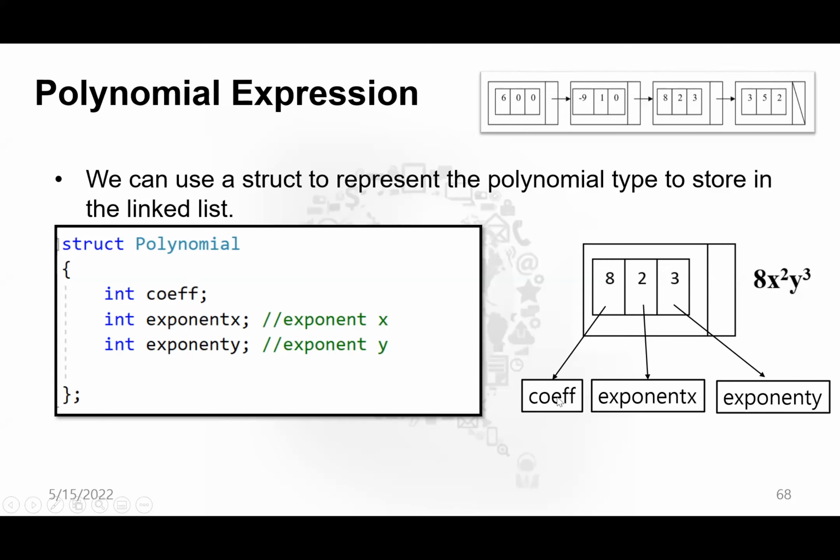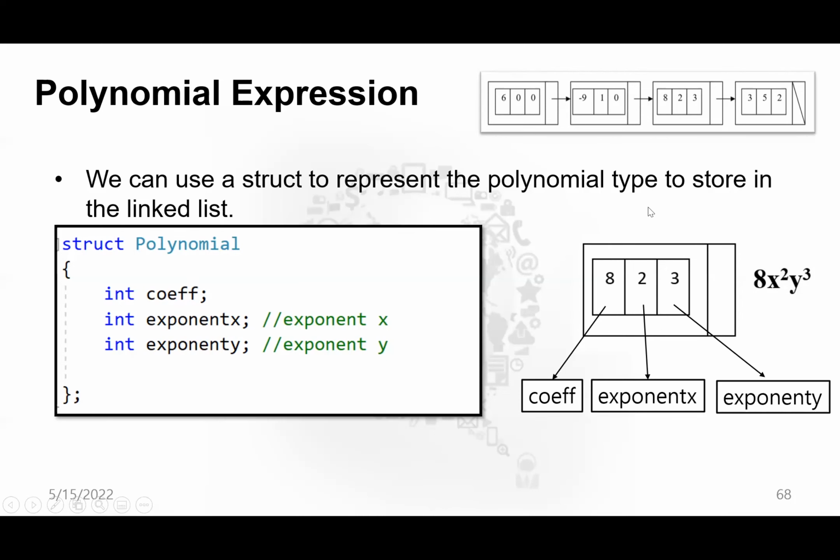So this 8 here is the value for the coefficient. Then exponent x, the power for x, is 2. And for exponent y, the power is 3, so I just put 3 here. This is how we represent the terms inside the polynomial.